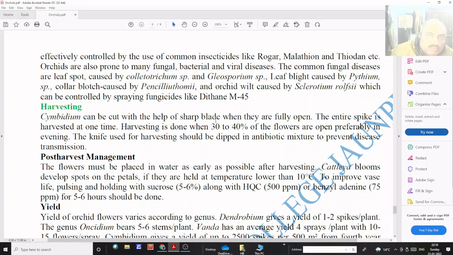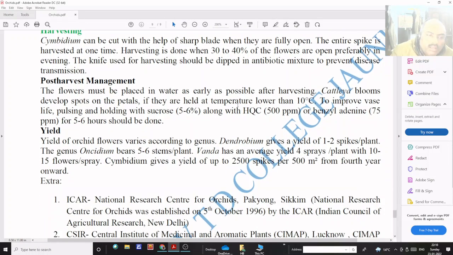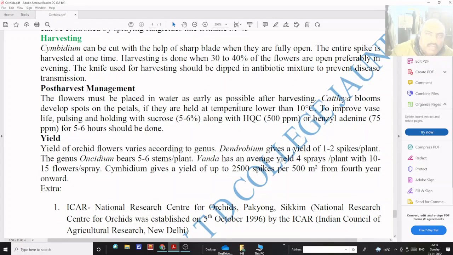Now come to the final phase of the cultivation, that is yield.